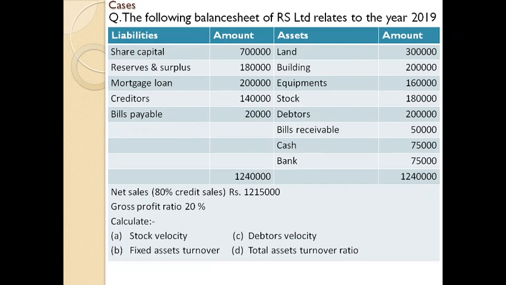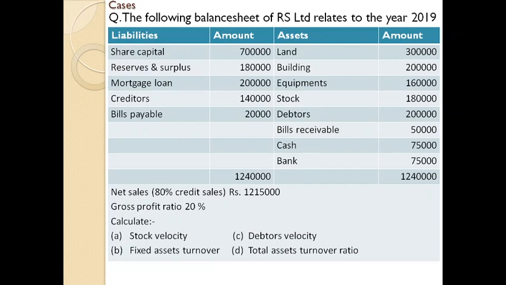In the adjustment it is said that net sales, in the bracket it is given 80% is credit sales, and total net sales is 12,15,000. Here net sales is 12,15,000 and in the bracket it is given that 80% of that amount is credit sales.